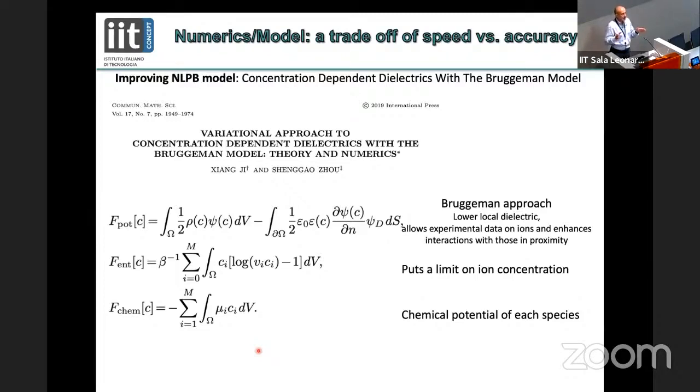So if you manage to describe the solvent in this way, you say, if I have a concentration of ions, I will also have a dielectric constant which will be the mixture of the dielectric constant of water and the dielectric constant of the ion. This will change according to the concentration, which brings, of course, complication in the calculation, but it makes very much sense.